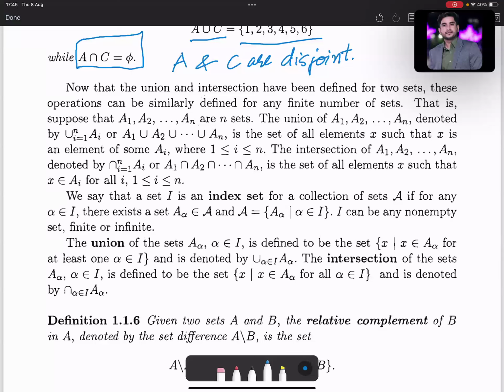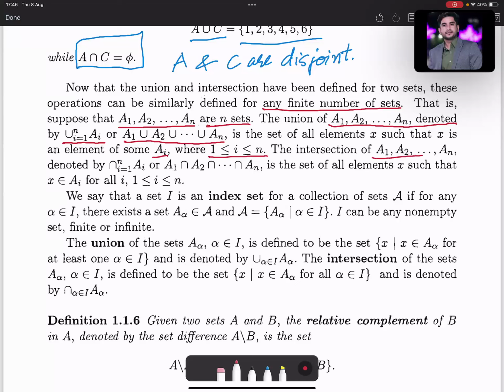Now, the important thing is, note that the union and intersection have been defined for two sets. These operations can be similarly defined for any finite number of sets. The union is denoted by this sign, or you can also denote it like this, and is the set of all elements x such that x is an element of some A_i, where i is between 1 and n.